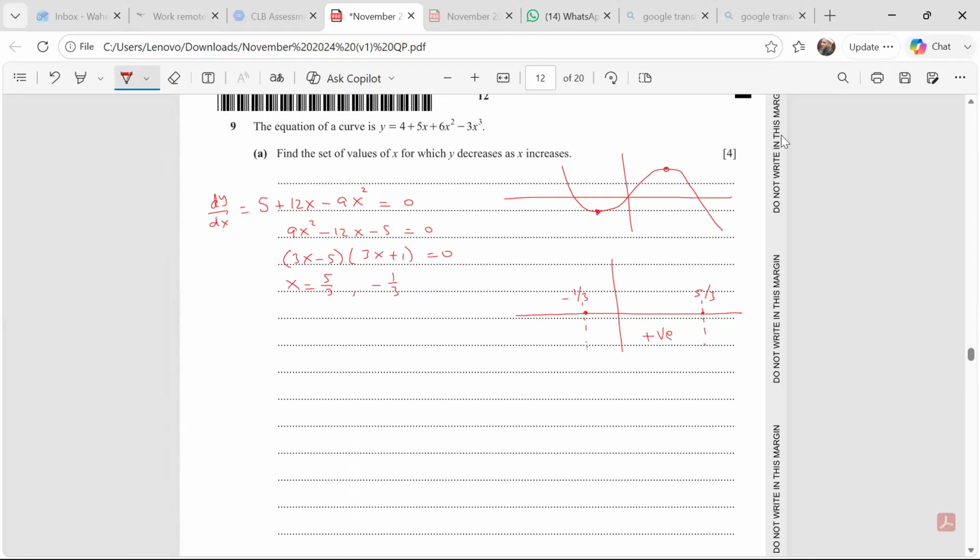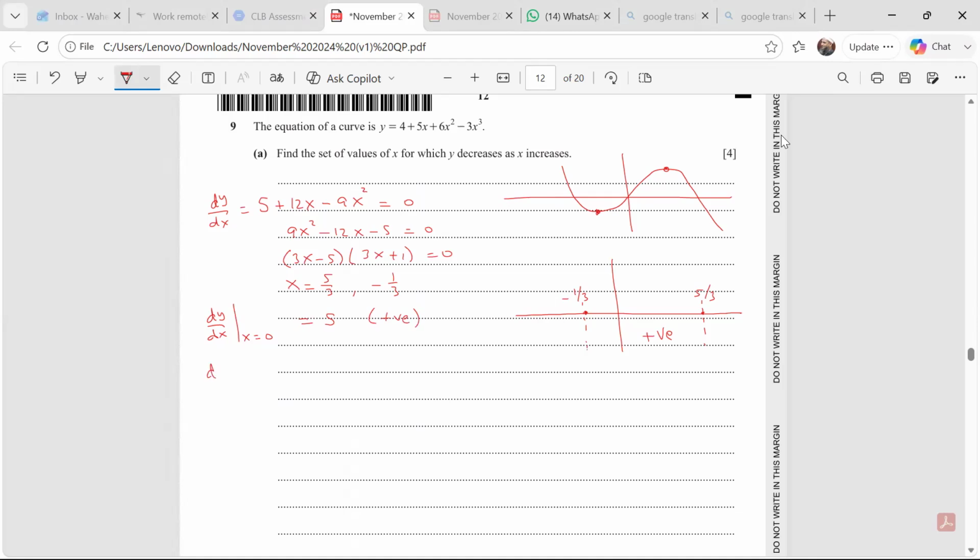Now if I put a value after 5/3, say x equal to 2, which is more than 5/3. Let me do the first thing: when x equals 0, the derivative was 5, which is positive.